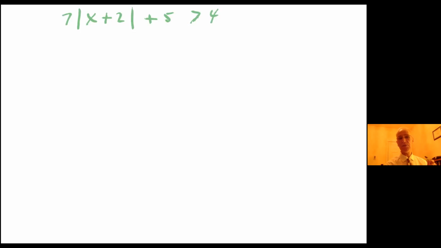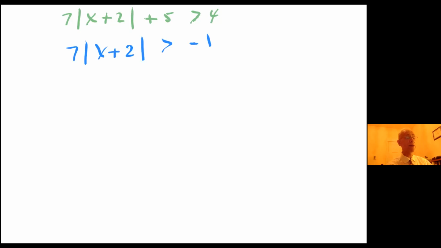Before anything else, we must absolutely isolate the absolute value. So what I'm going to do in here is subtract 5 from both sides of this inequality. So I'm going to say 7 absolute value of x plus 2, and that's going to be greater than, and here is a -1.